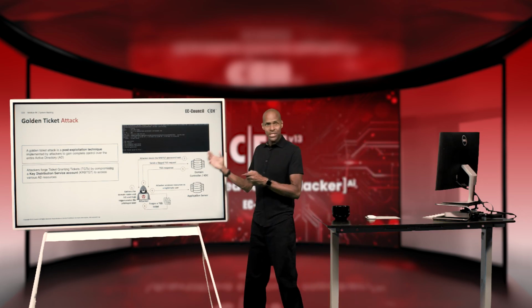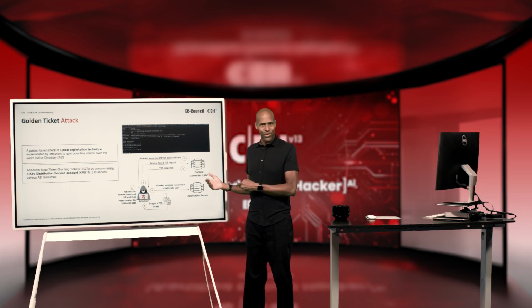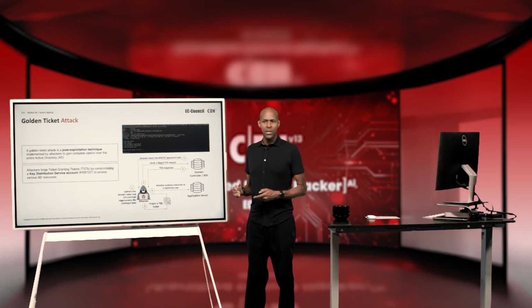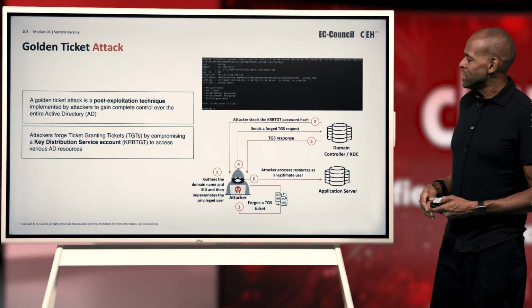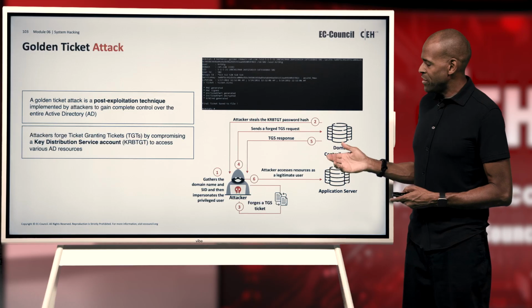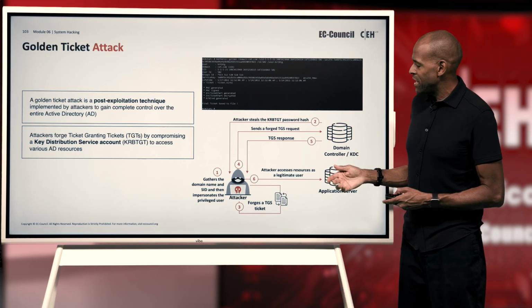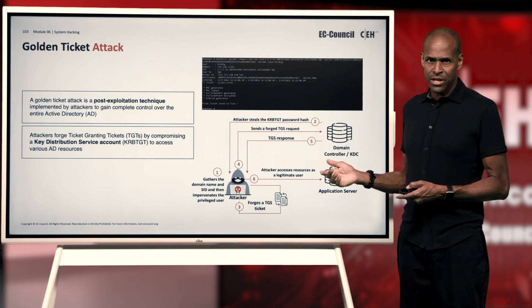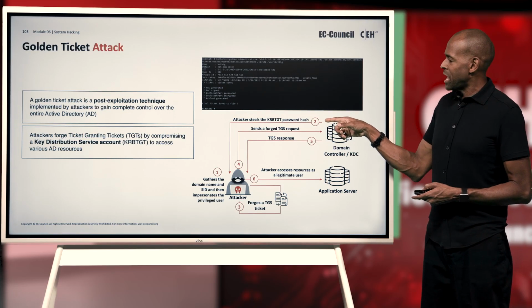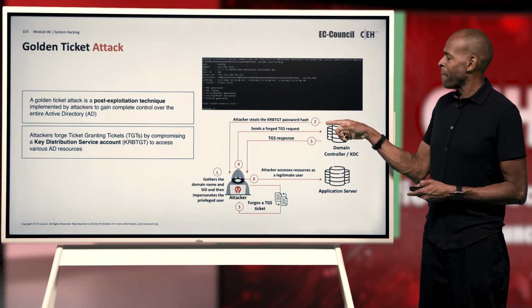We have a golden ticket and a silver ticket, 2 of those. The golden ticket is the one that is so good that no one will even know that there's an attack happening. So the attacker is going to gather the domain name and the SID, and then they're going to impersonate a user. Then they steal the KRBTGT password hash.